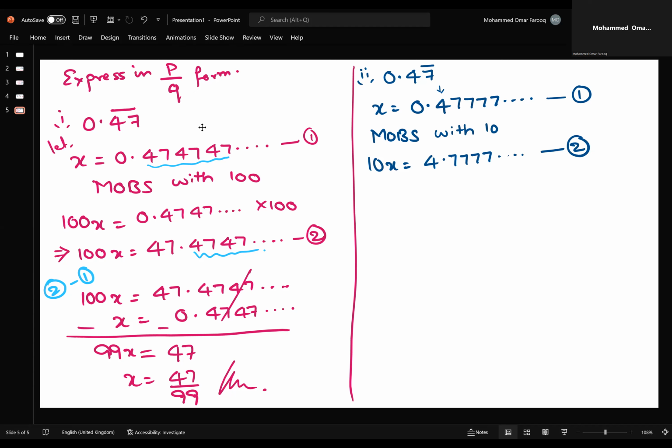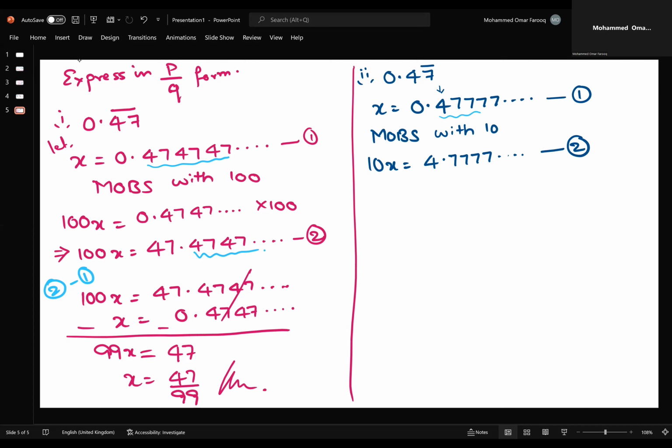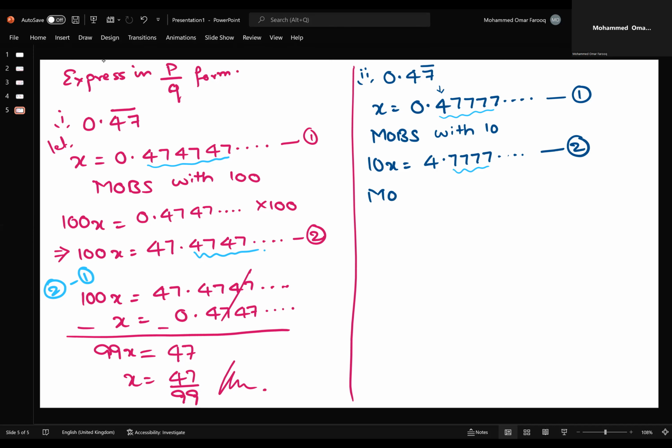Previously I told you, before subtracting you have to check whether the decimals are equal or not. Here, are the decimals equal? No, sir. So therefore, now you multiply on both sides with the recurring number. How many digits are recurring? 1.